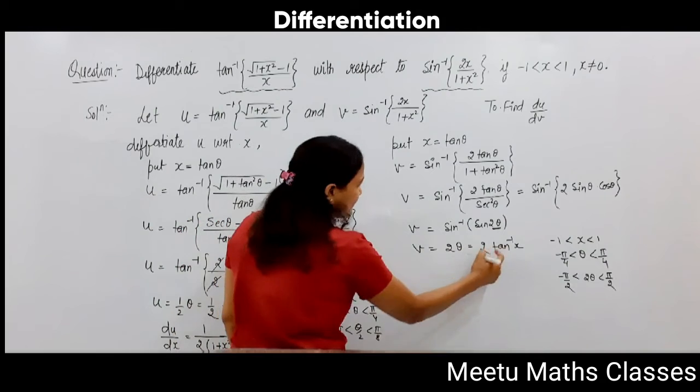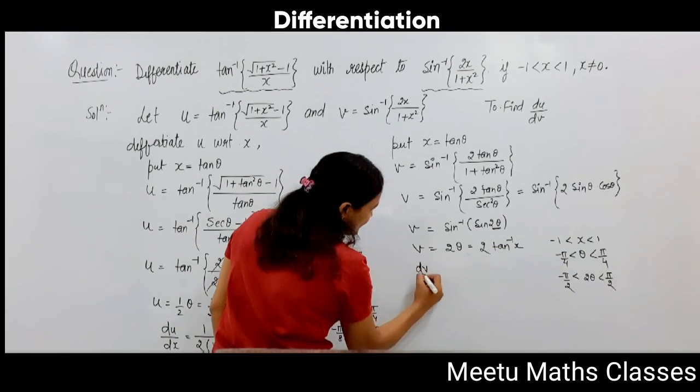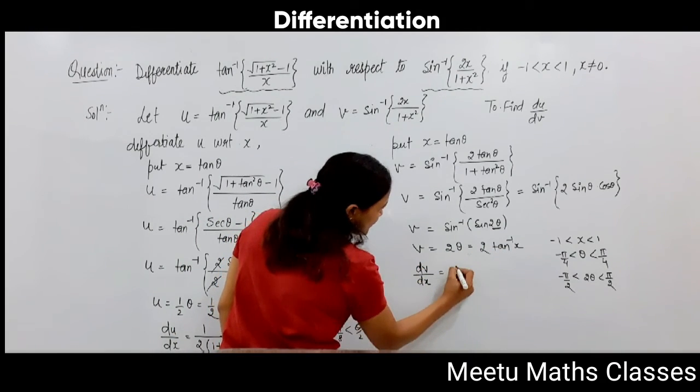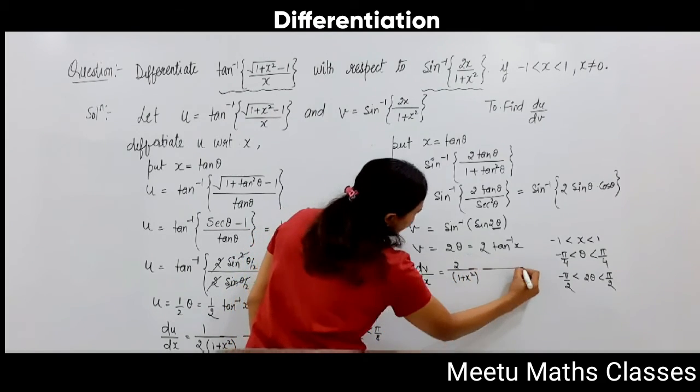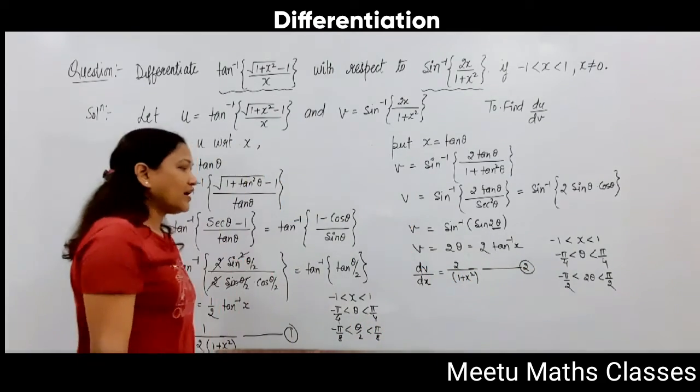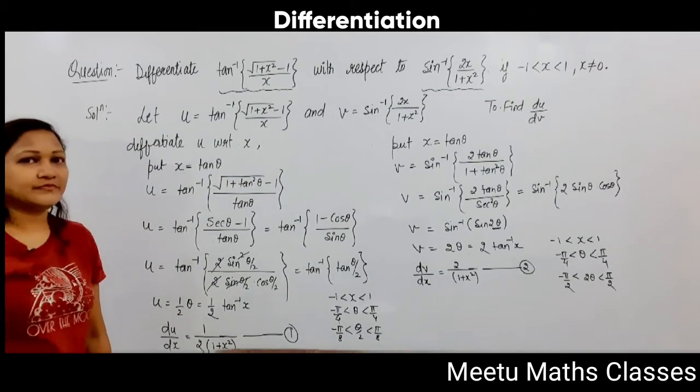Now differentiating v with respect to x, we get dv by dx equal to 2 upon 1 plus x square, and take it as your second statement.